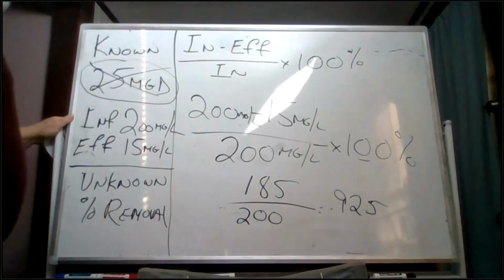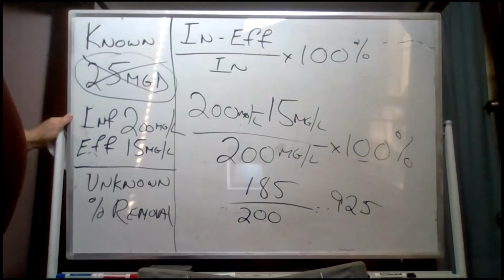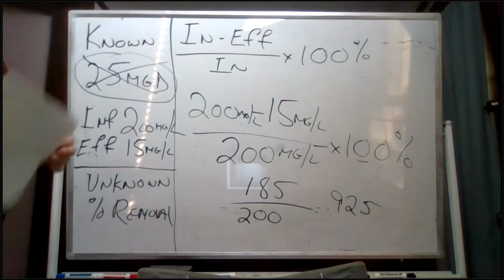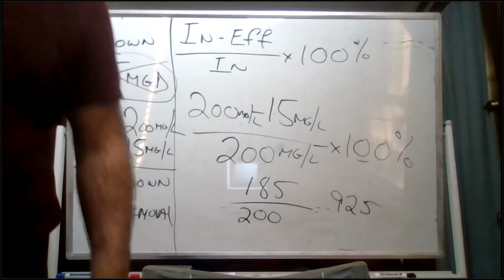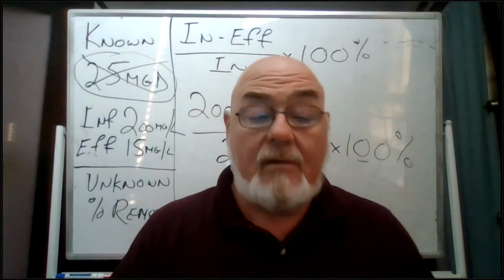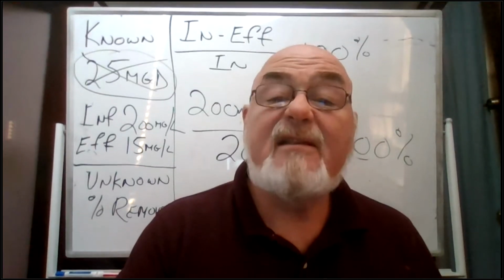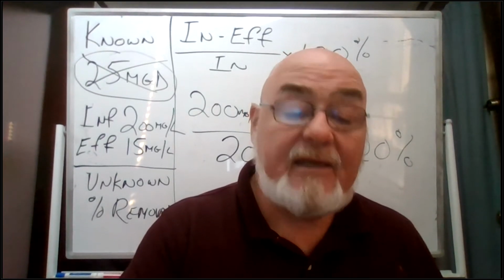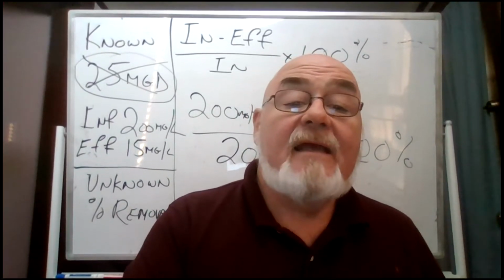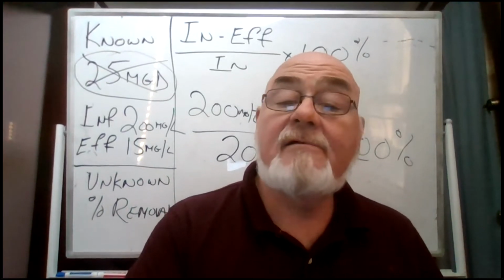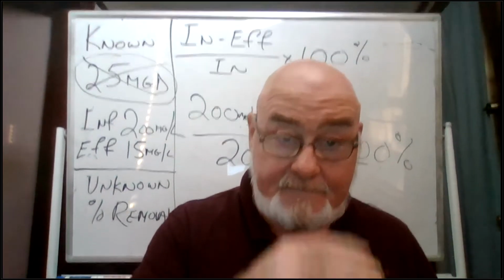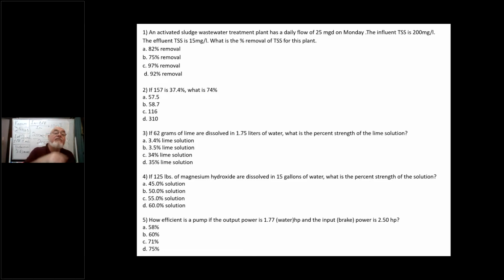And then you multiply that by 100, and it becomes 92.5%. Now, if you look at the answer choices, if 93 was there, we might consider that to be the answer.